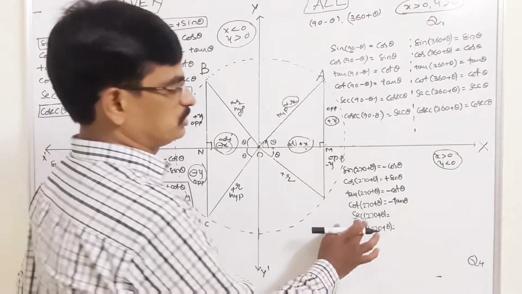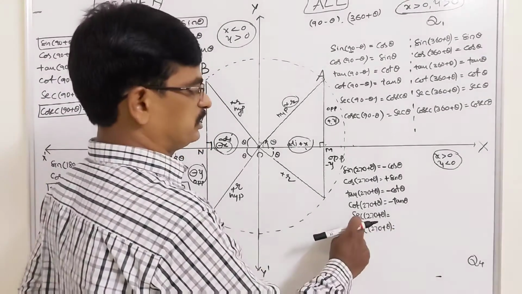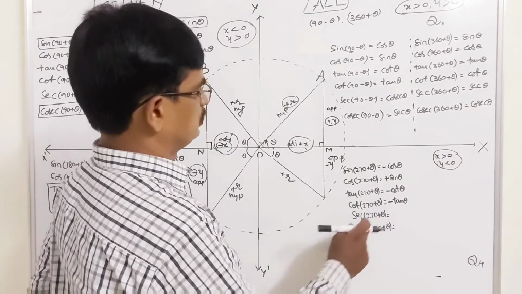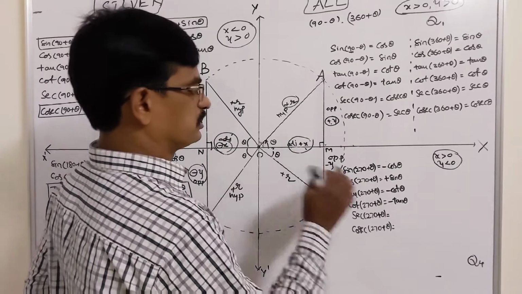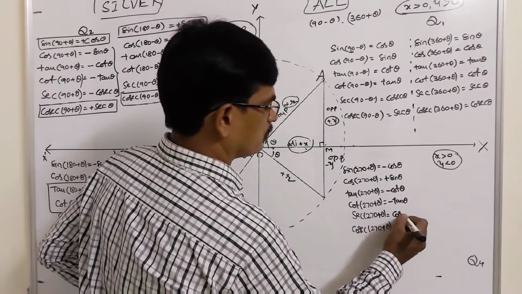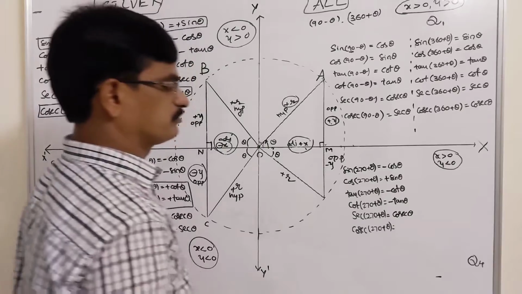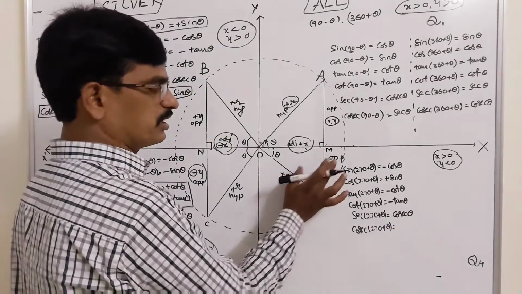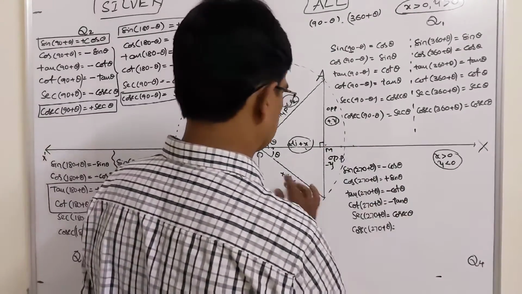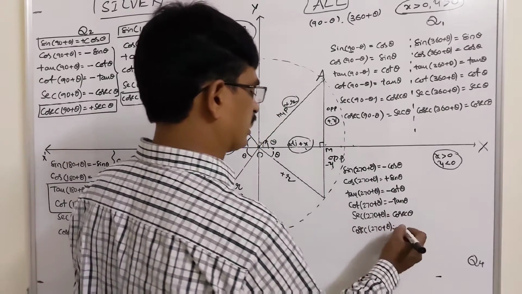Secant 270 plus theta, so secant is hypotenuse by adjacent side, that is cosecant theta. Next cosecant theta is hypotenuse by opposite side, that is plus r by minus y, plus by minus, minus.